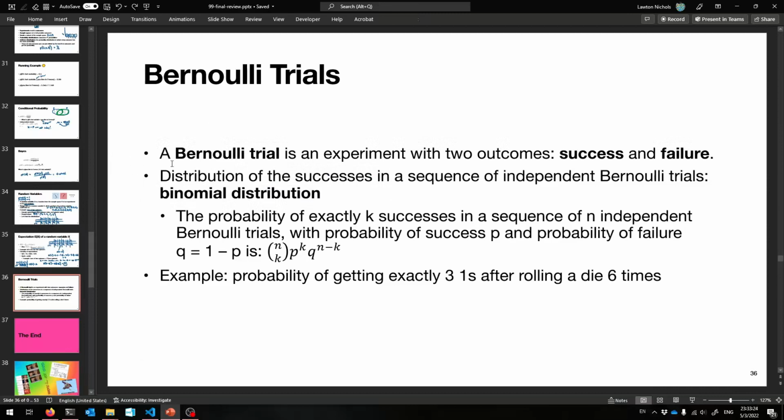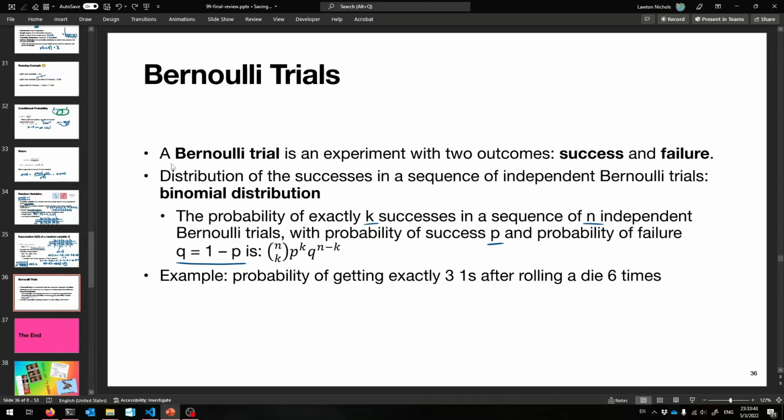So we get that the probability that exactly k successes occur in a sequence of n independent trials, so n and k are variables here, with a probability of success p, that's another variable, and a probability of failure q, well, it must be 1 minus p because there's only success and failure, is equal to this.